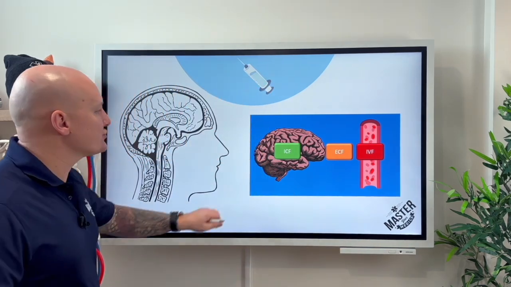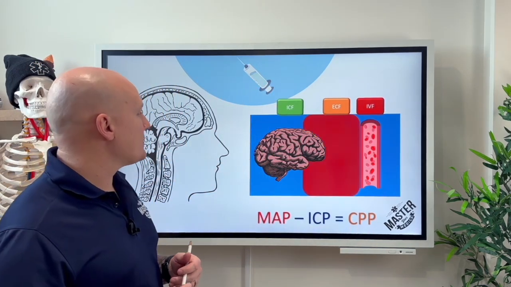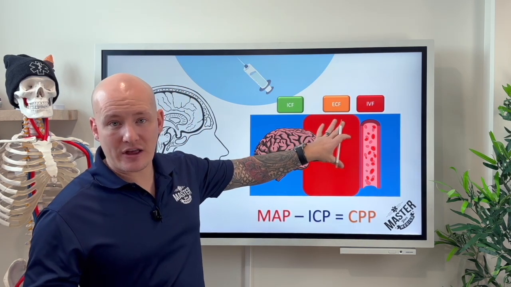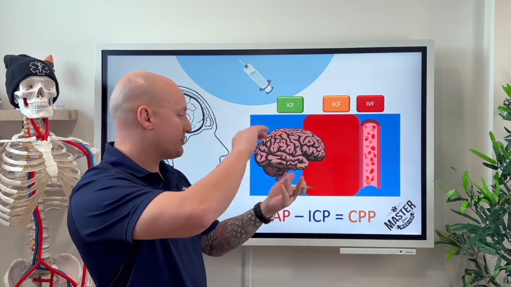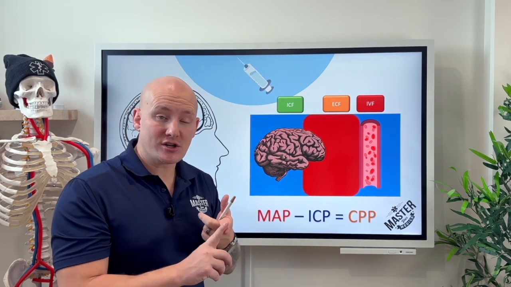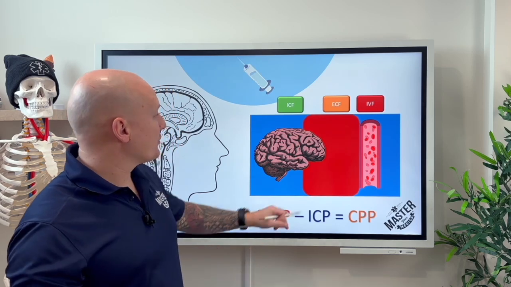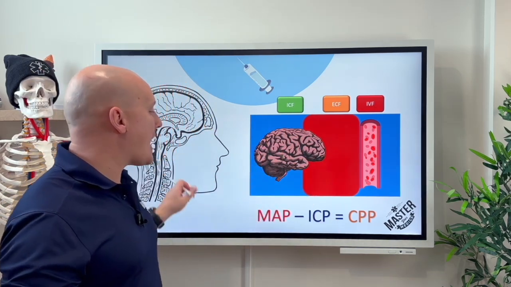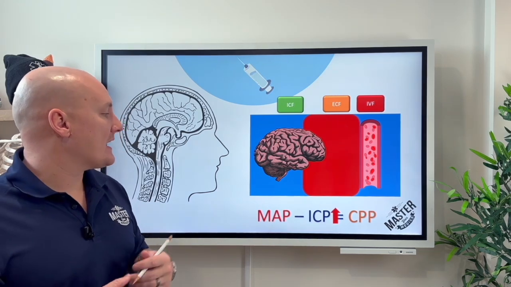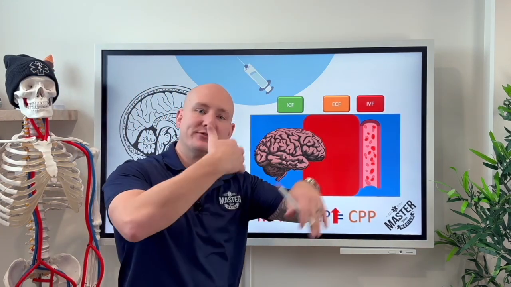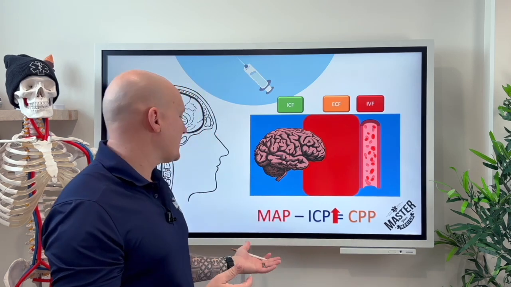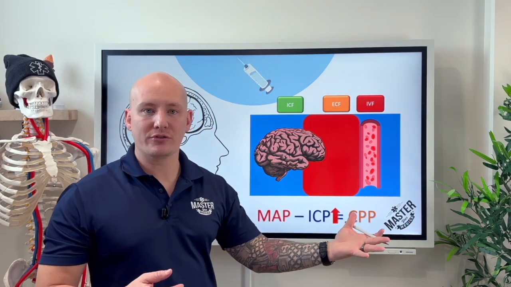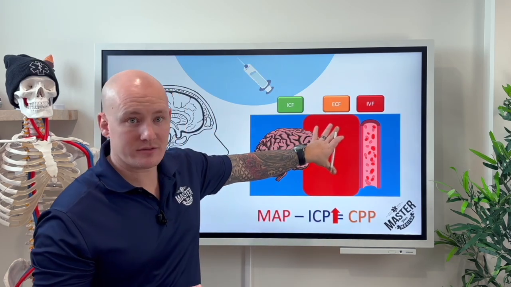In a head injury patient, you're going to have an increase in fluid trapped inside the extracellular fluid, and it's going to put pressure on your brain tissue or brain cells. When you have this, you're going to have an increase in your ICP. That is where all of these changes we're seeing come from, the compensation of increased MAP and the decreases in your CPP. All of that is going to happen because of this.